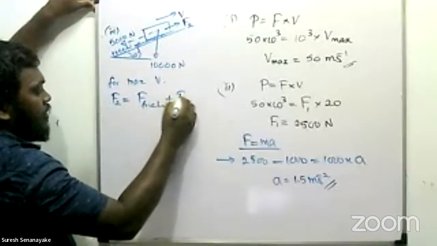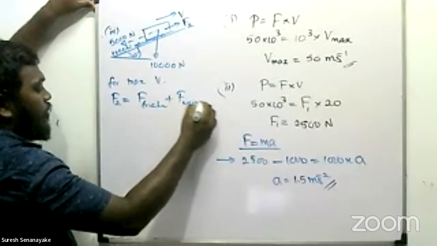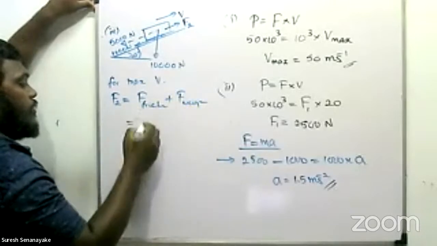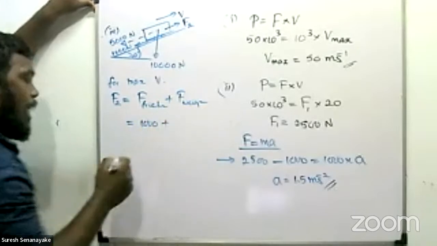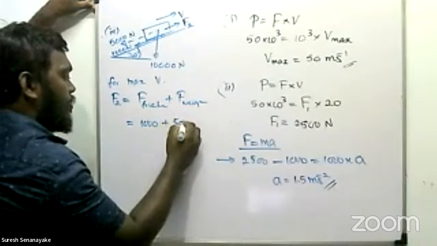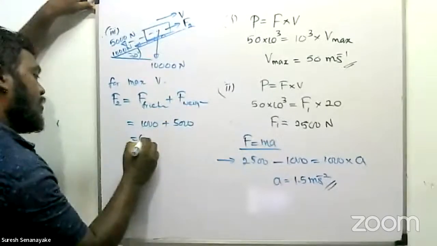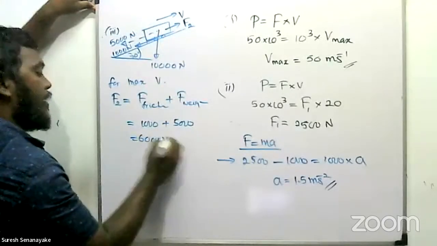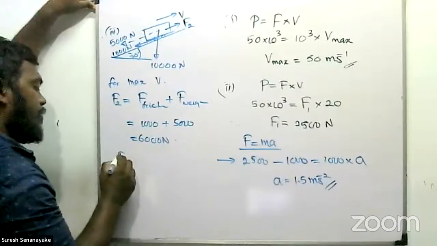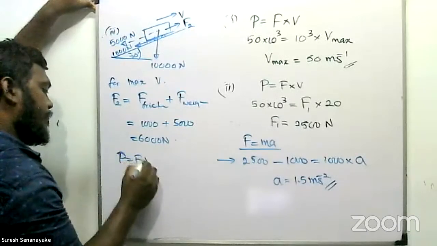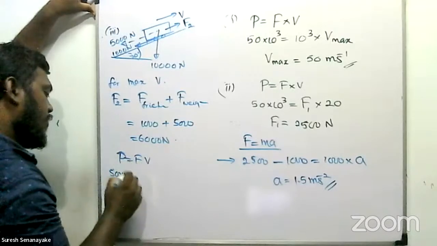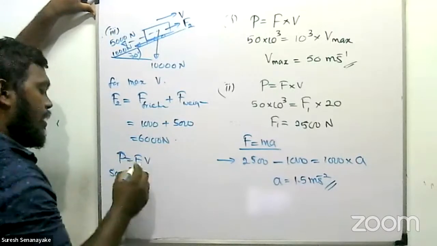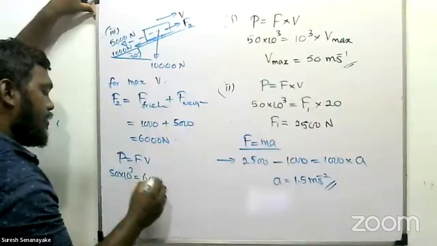plus the component of the weight. So the friction is 1000 and this is 5000. So a total of 6000 Newton should be applied. Then P equals Fv, you can have. So P is the maximum power of the engine, 50,000, and force is 6000.